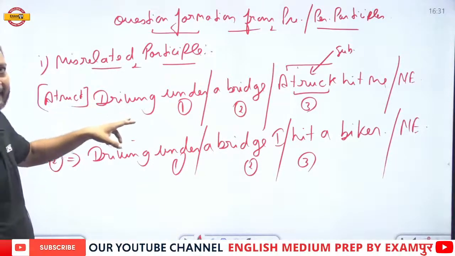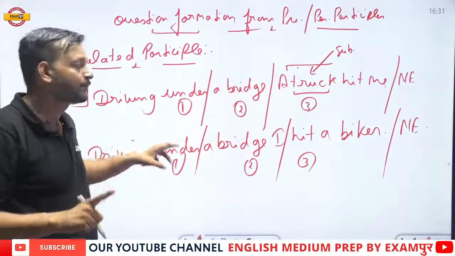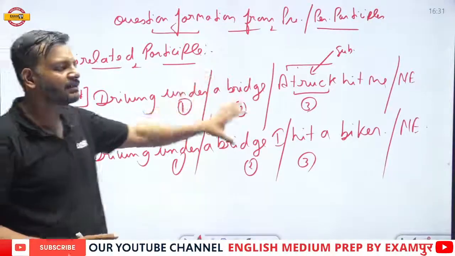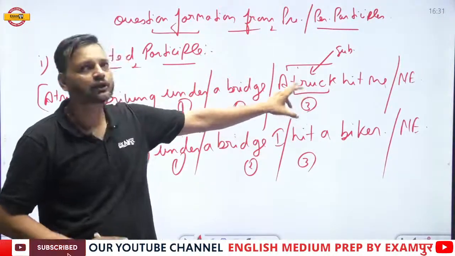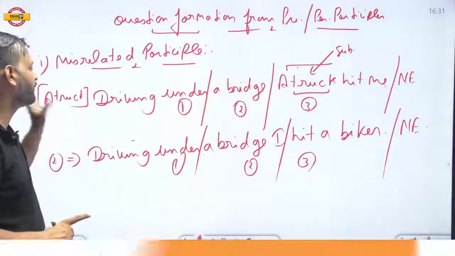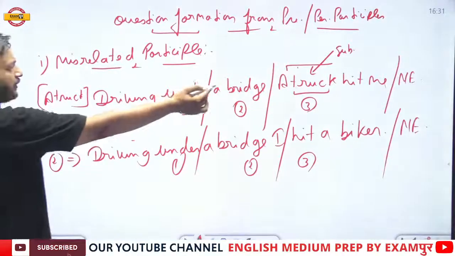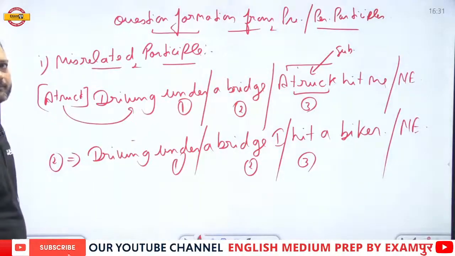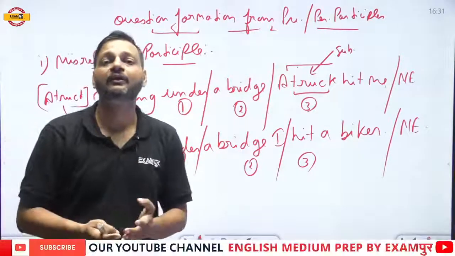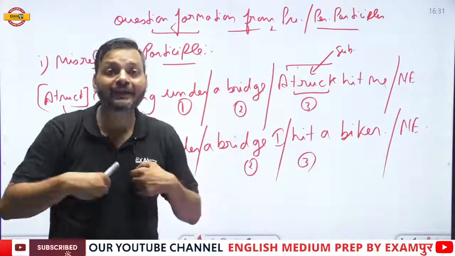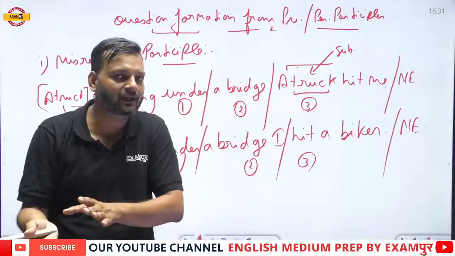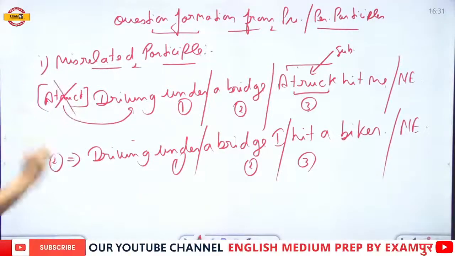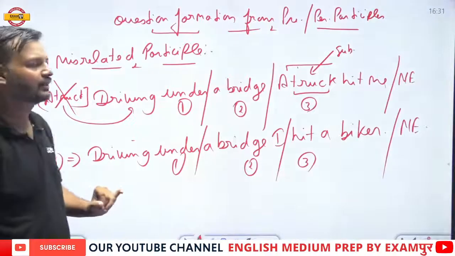If this sentence is correct, this subject should also be the subject of the first clause. So if we put this subject here, it becomes a truck driving under a bridge. A truck is driven, it cannot drive. We drive a truck, a truck cannot drive anything. So this subject does not fit here.